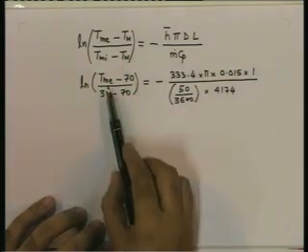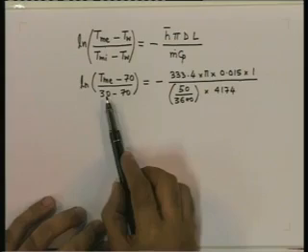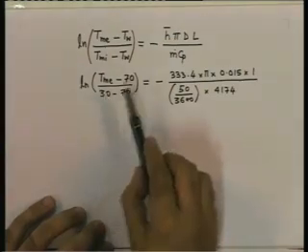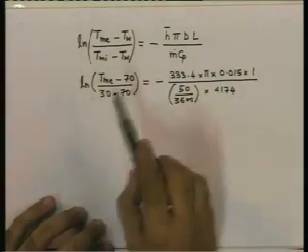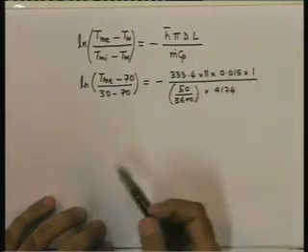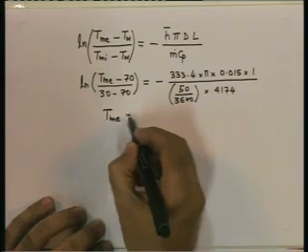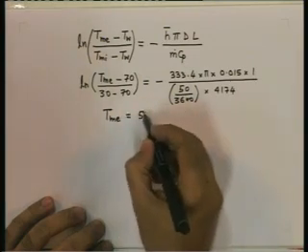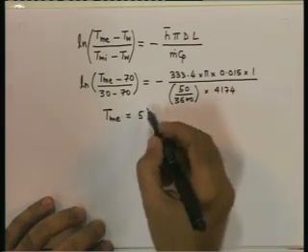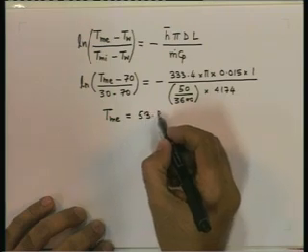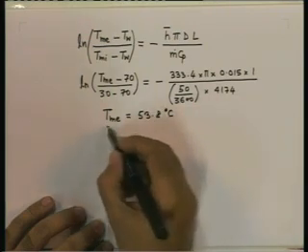So, Tme will be higher than 30, higher than 30 but lower than 70. And if you calculate Tme, that turns out to be 53.8 degrees C.